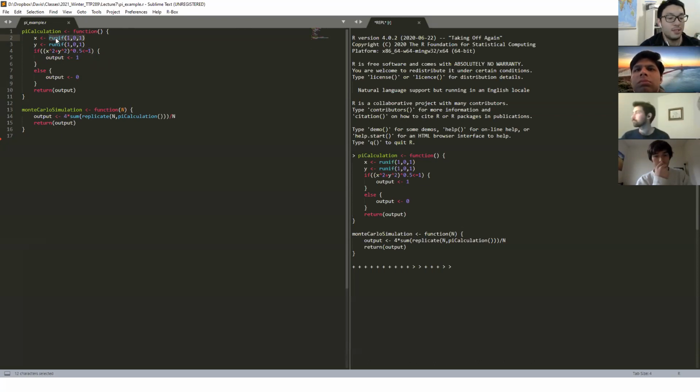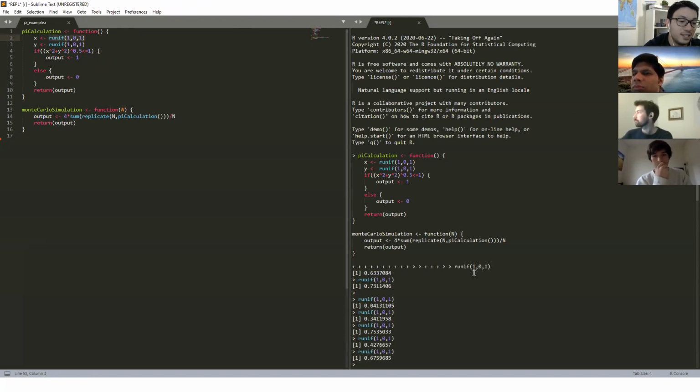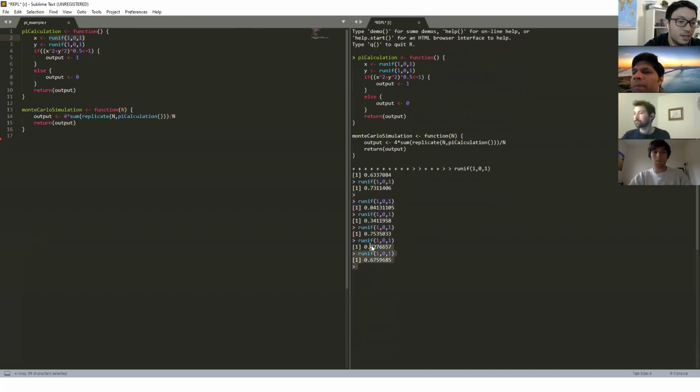Just to show you what happens if you run this function, it's just going to give you a random value between 0 and 1. And it's going to do that for both x and y. Then it's going to calculate this value that says, okay, if x squared plus y squared, to the 0.5, is less than or equal to 1, I'm going to assign a value of 1, otherwise it's 0.